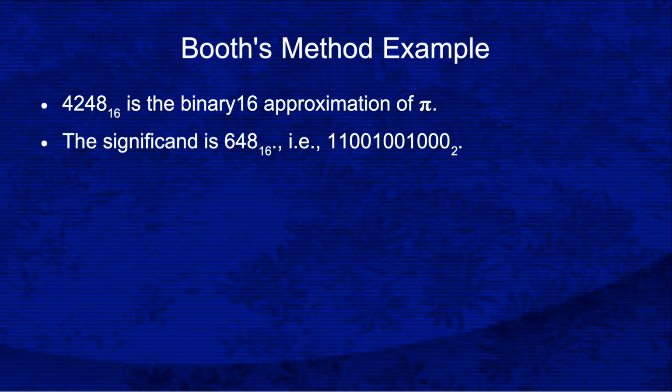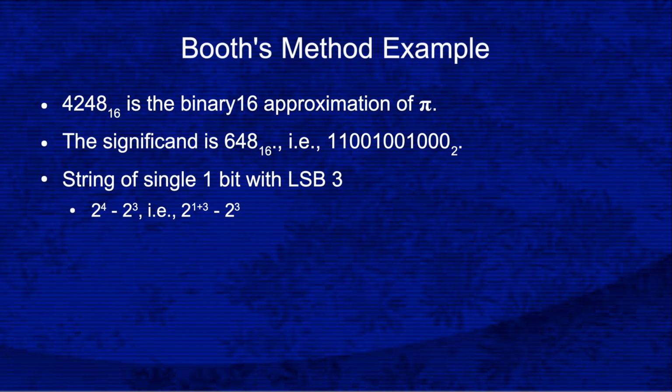Extracting the significand field and adding the implied leading 1 bit, we have a significand value of hexadecimal 648. I can write this in binary as 11001001001000. I have a string of a single consecutive 1 bit with its least significant bit in bit position 3.